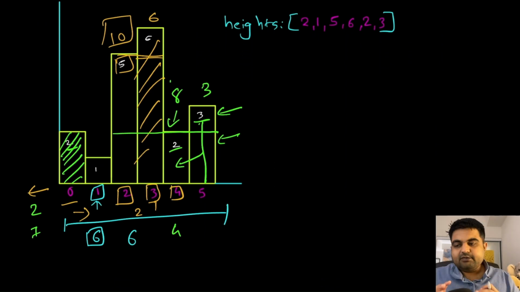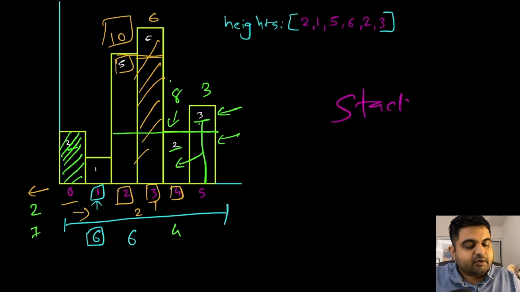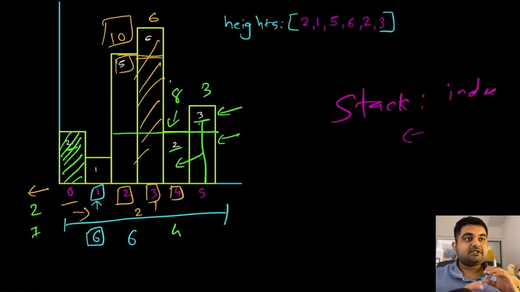Now this solution would be good if you provide it in an interview. It might even work, but there exists a better solution, where if we just use a stack to keep track of the current index position and until what previous index positions we are maintaining that height, then we can very easily solve this problem.